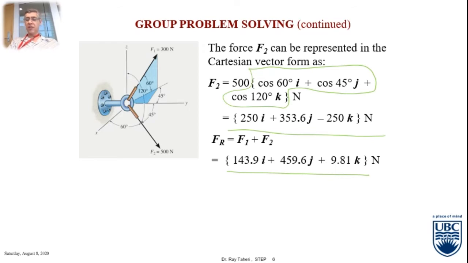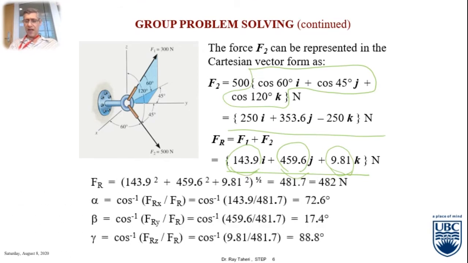If I want to ask you what is the alpha, beta, gamma of the resultant, in this case I have to find the magnitude, which is the square root of this square plus this square plus this square, and then x divided by the magnitude. Cosine inverse of that would be alpha. This component divided by the magnitude, cosine inverse of that would be beta, and the z component divided by the magnitude of the vector, cosine inverse of that would be gamma.